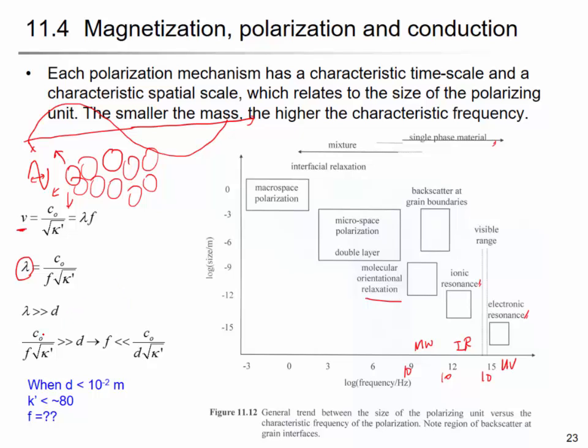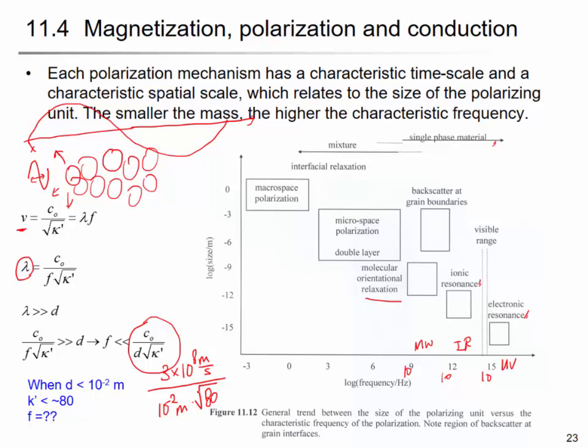So let's calculate this value when the particle diameter is 1 centimeter and the kappa prime is 80. What's this value? C naught is the speed of light, 3 times 10 to the 8 meter per second, over d, which is 10 to the negative 2 meter, times the square root of kappa prime, 80.